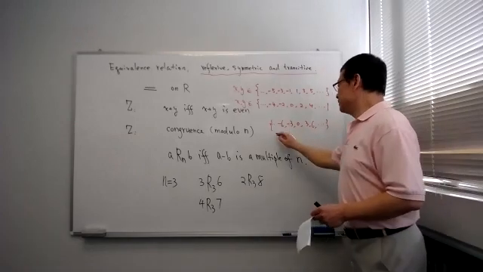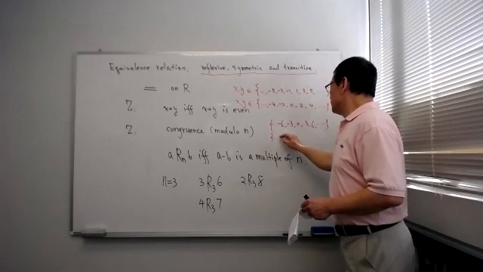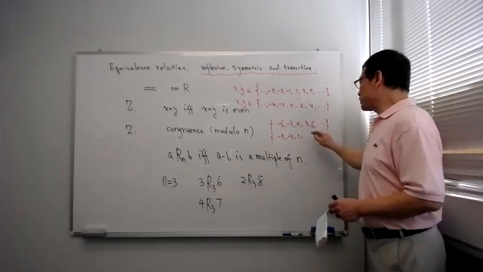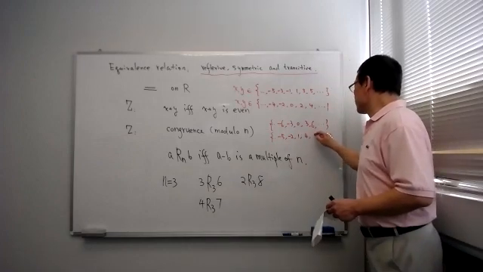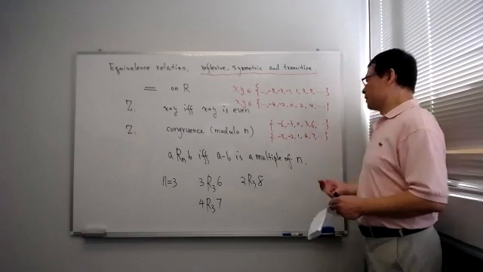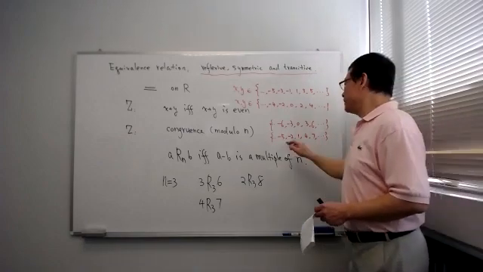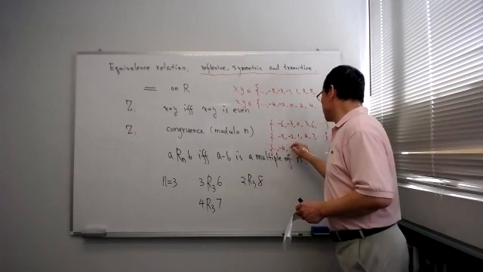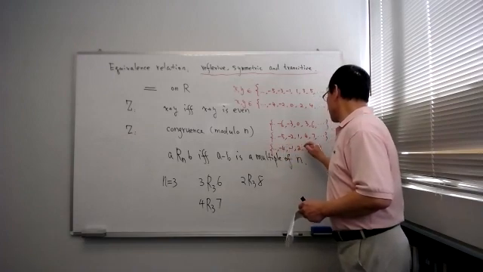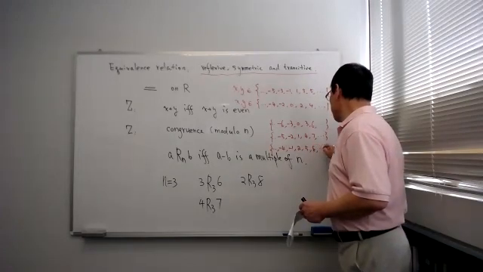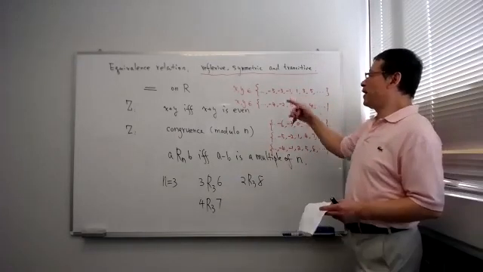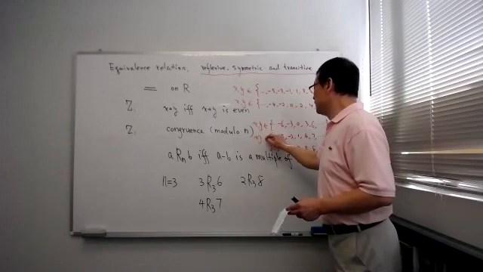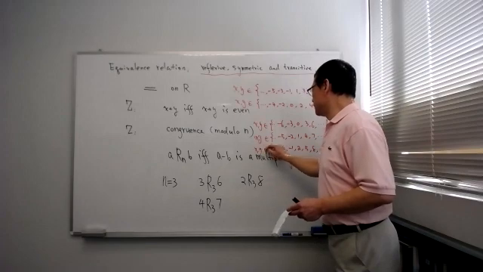Then the remainder when divided by 3 is 1. And then those with remainder 2 when divided by 3. Again, it has this property: all pairs, if they're related, belong to this one, or this one, or this one.